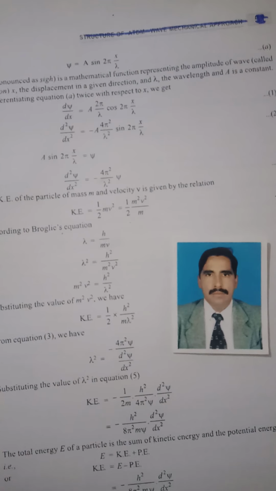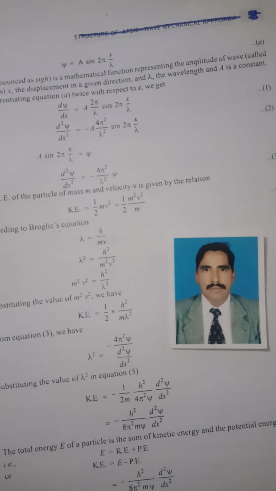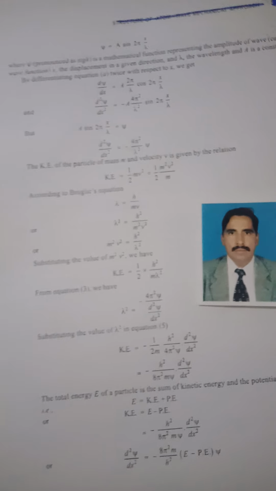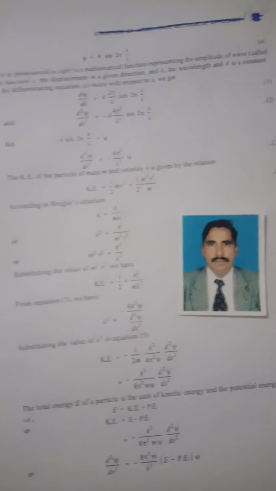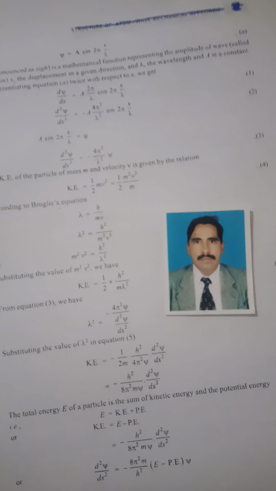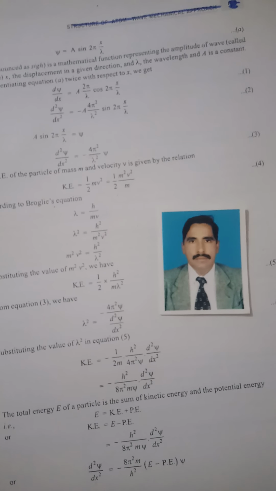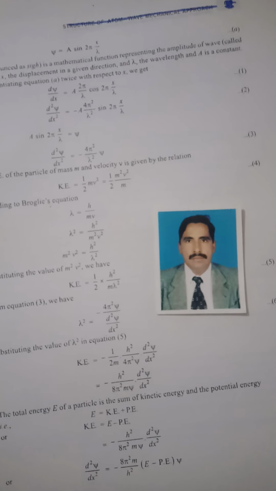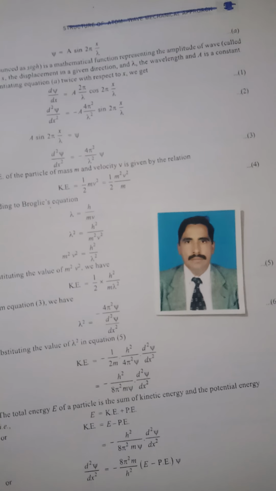We differentiate this equation with respect to x. We take the partial differential of this as d psi over dx is equal to A multiplied by 2 pi over lambda cos(2 pi x over lambda).